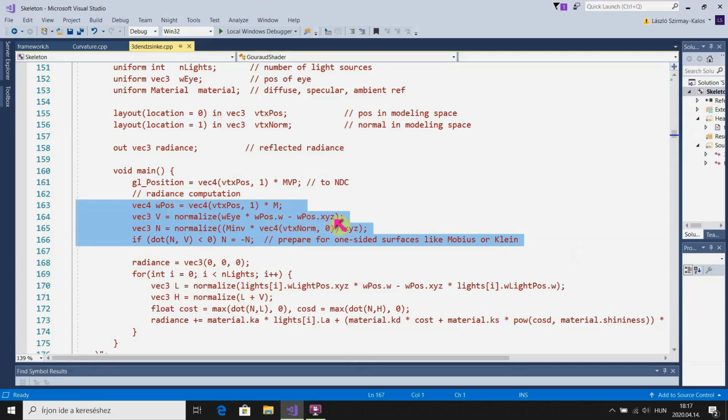Obviously, it's strictly forbidden to divide by 0, so that's why we multiplied both factors by this value. The good news is that after this multiplication, the result will be valid, even if the fourth homogeneous coordinate is 0. If the fourth homogeneous coordinate is not 0, we have the freedom to multiply both vectors by a scalar, because we will normalize the result anyway. Any scalar multiplication factor will be eliminated by normalization. The normalize function returns the viewing direction. Then we compute the normal vector in world coordinates.